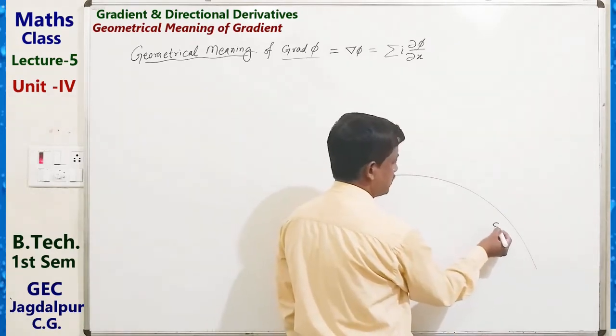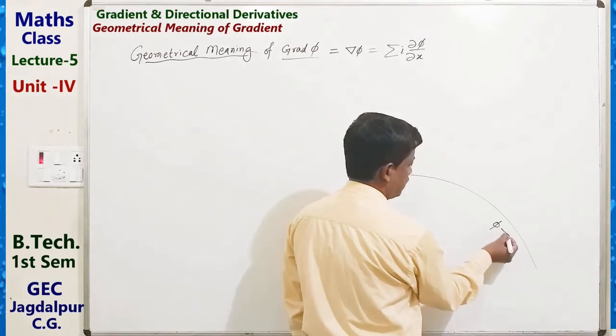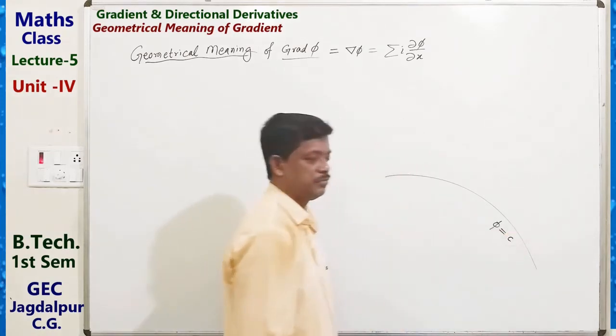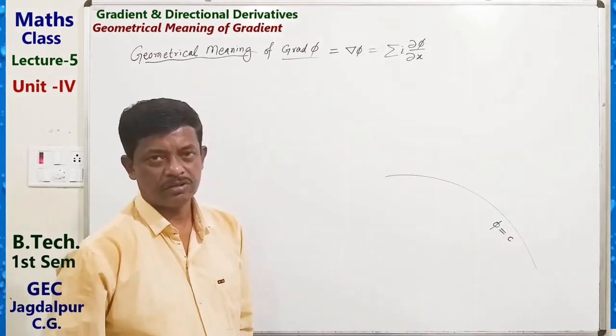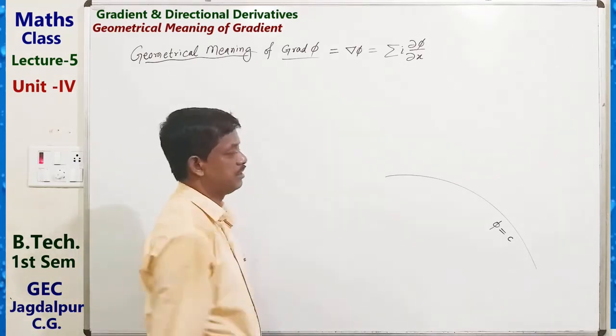Suppose this is a level surface, phi equals c, where phi is a function of x, y, z.